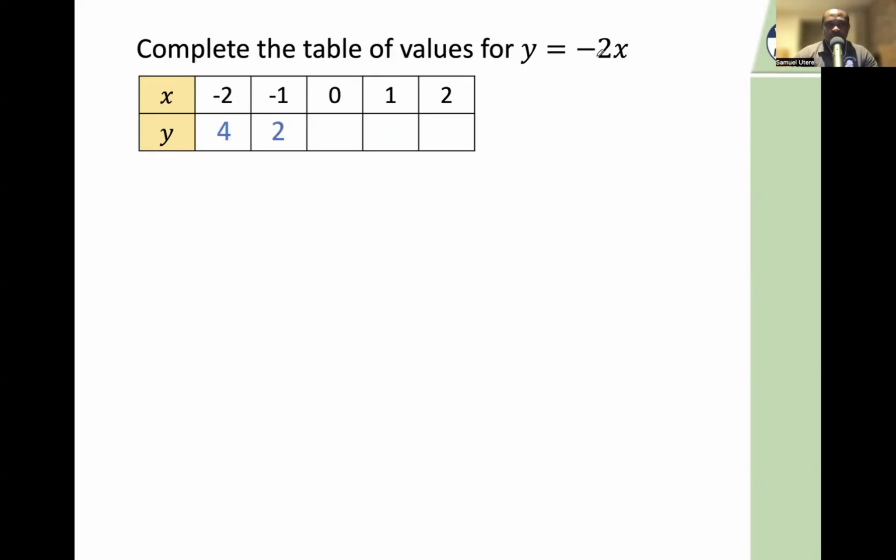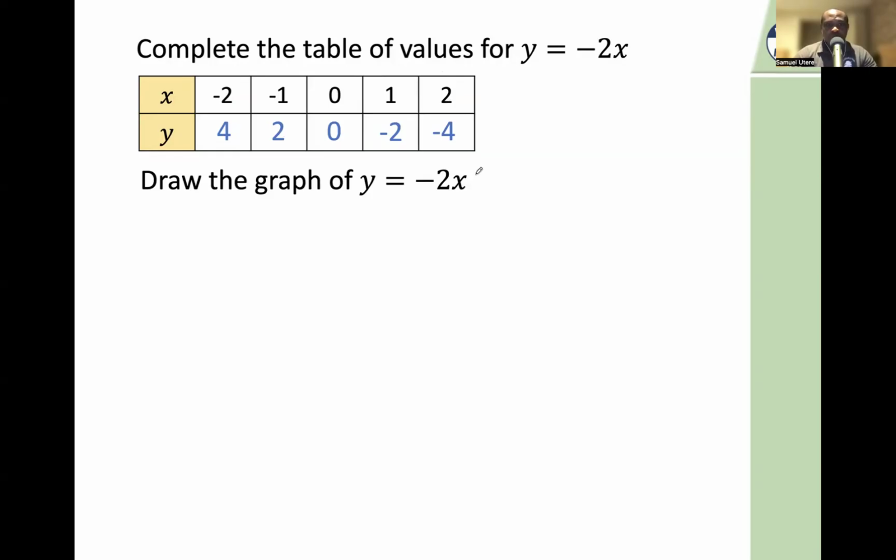So when we start to complete the table of values, you would see that negative 2 times negative 2 will be 4 because x is negative 2. Negative 2 times negative 1 will be 2. And then 0 times negative 2 will be 0. So on and so forth, we complete our table of values.